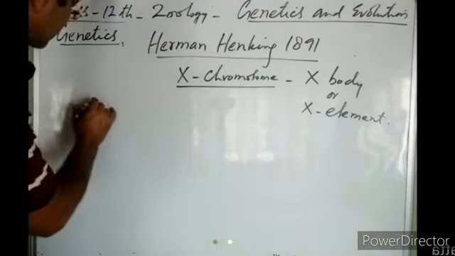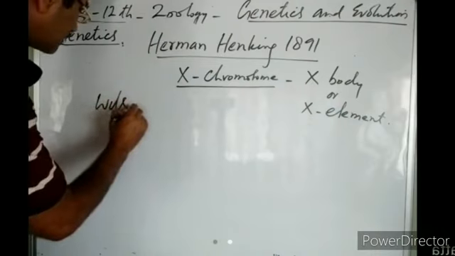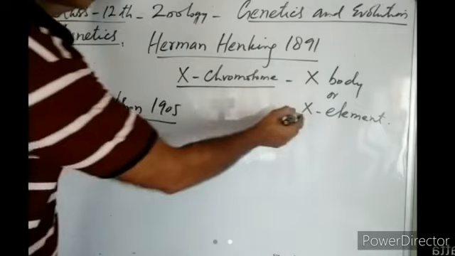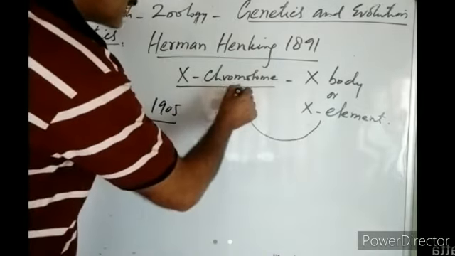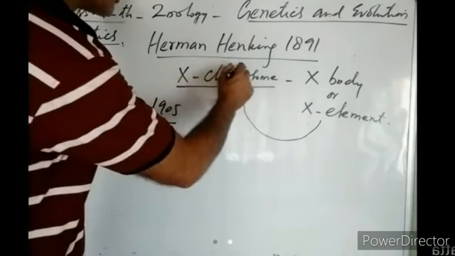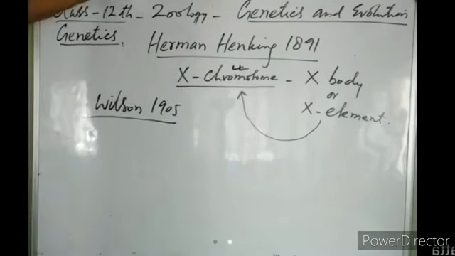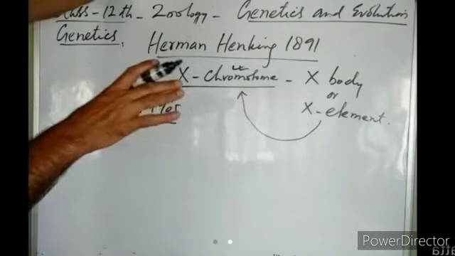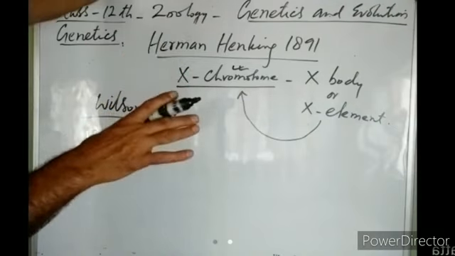Then it was Wilson in 1905 who recognized that this X body or X element is a chromosome, and Wilson named it as X chromosome, right? Are you understanding what I am saying? Basically, first time it was seen by Hermann Henking, but he did not recognize it as a chromosome.